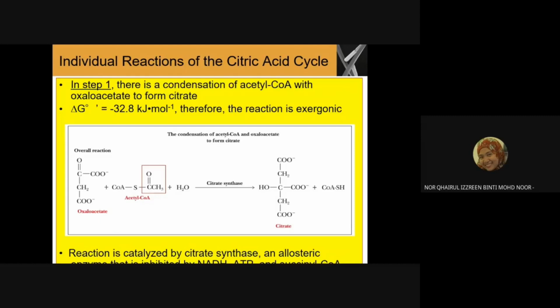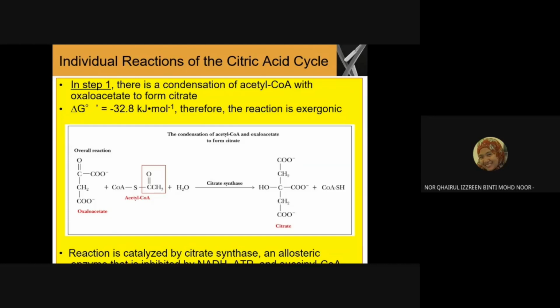Initially, this reaction consists of 2 steps. The first step produces a citryl coenzyme A complex via aldol condensation. And the second step releases the coenzyme A to form citrate via a hydrolysis reaction.